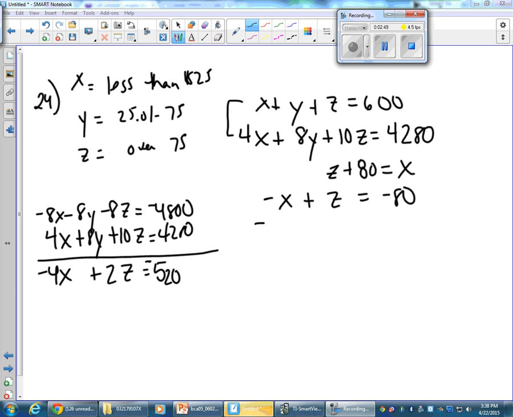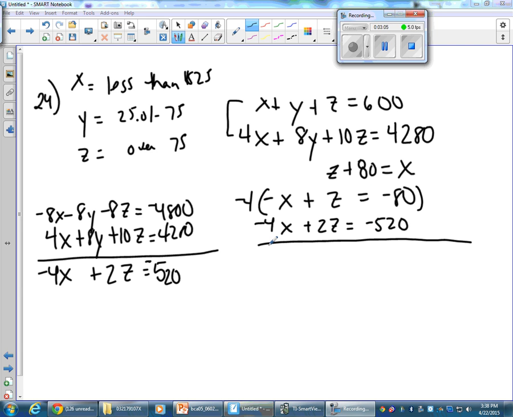So negative 4x plus 2z equals negative 520. I'm going to write that here. Now I'm going to try to cancel either my x's or my z's. I think I'll cancel the x's, and I'll multiply this top line by a negative 4. So the top line becomes 4x minus 4z equals 80 times 4 would be 320, and the bottom line is going to stay the same.